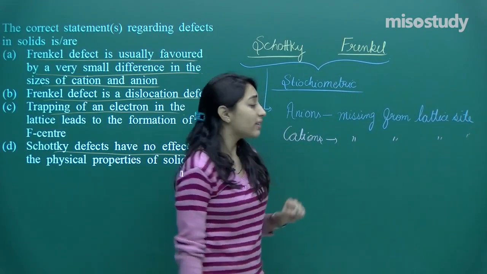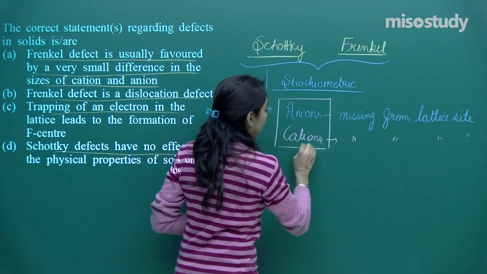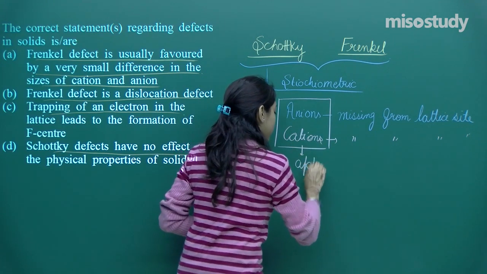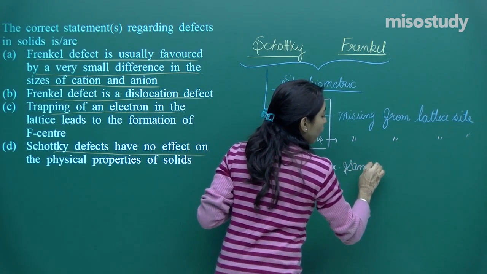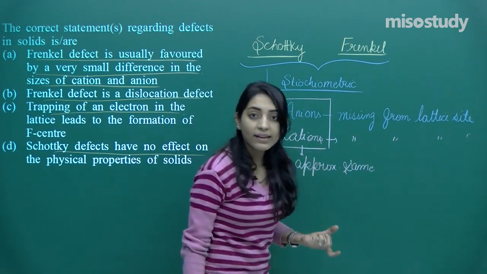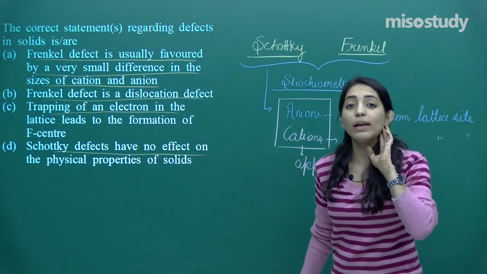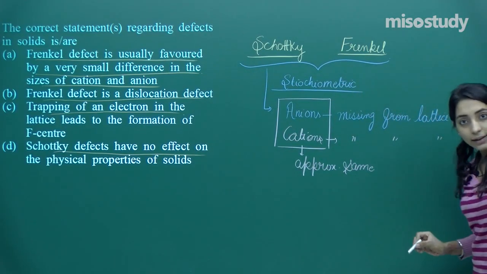Why is it so? This is because the size of the cations and anions are approximately the same. That means there is a very small difference in the size of cations and anions. That is why the cations are left with no other option but to leave the lattice site.